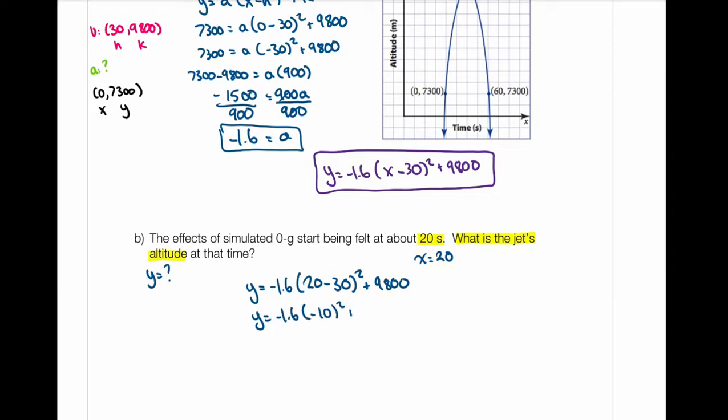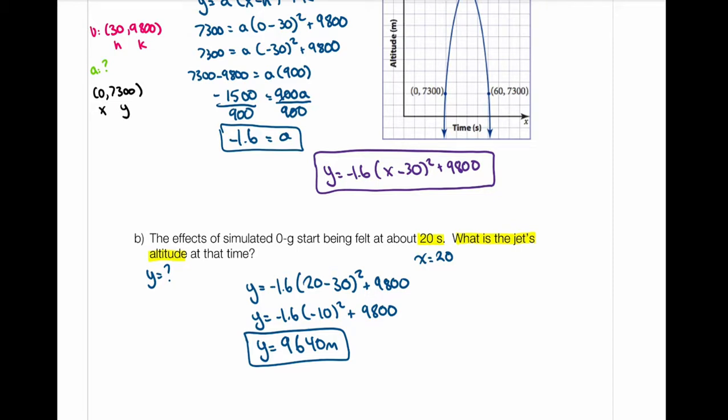Negative 10 squared. And in the end, once we go through and calculate all this, we should get 9,640 meters as our final answer. So you could write a therefore statement if you wanted to. Therefore, the jet's altitude is 9,640 meters when zero-G effects start being felt.